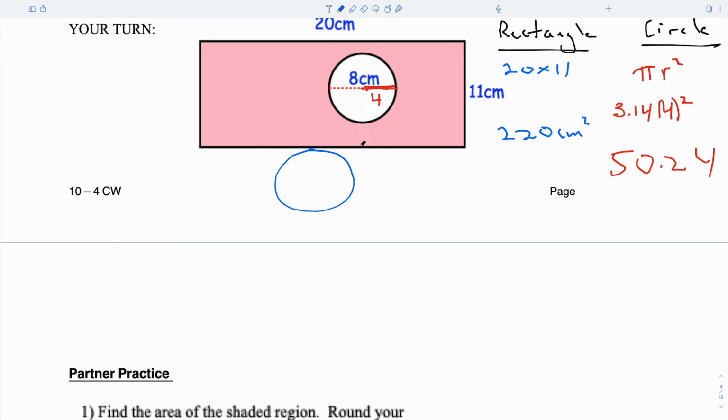Yeah. So it's kind of like they took scissors and they cut it out and you have a big hole. So instead of adding this, what should you do? Yeah, subtract them. 220 minus 50.24. Plug it into your calculator.